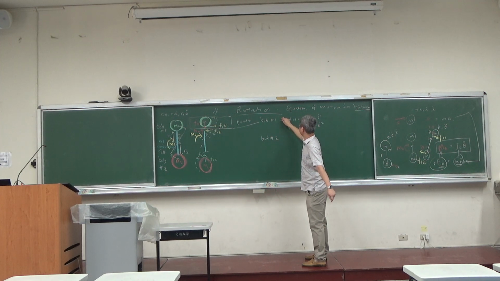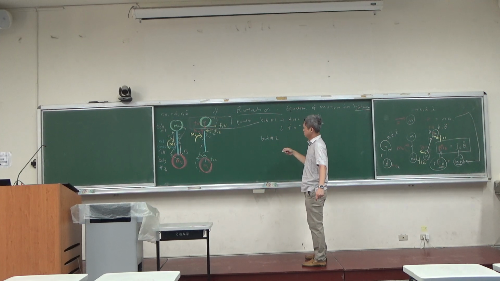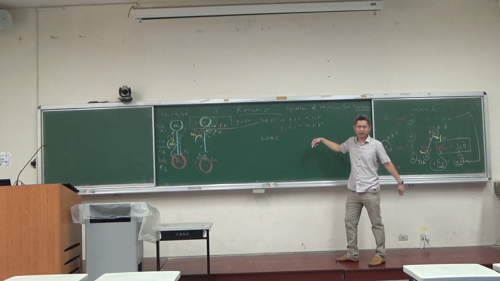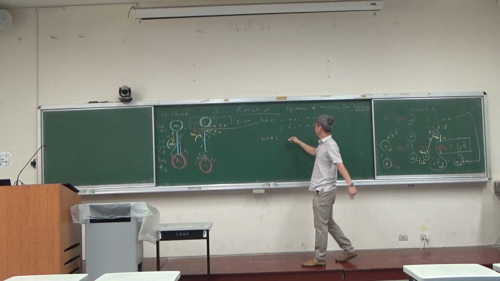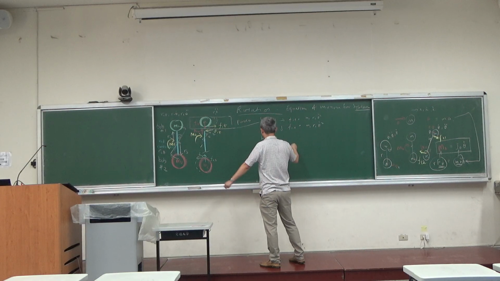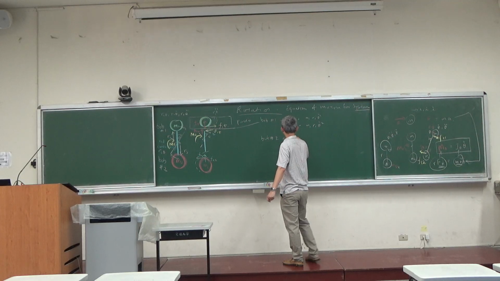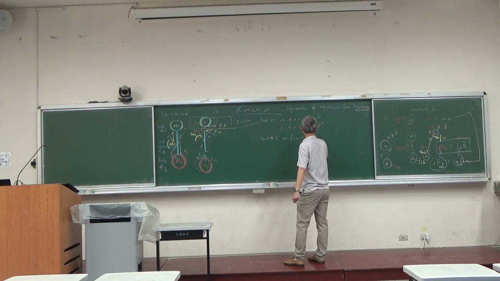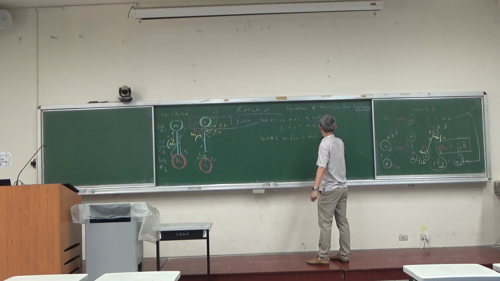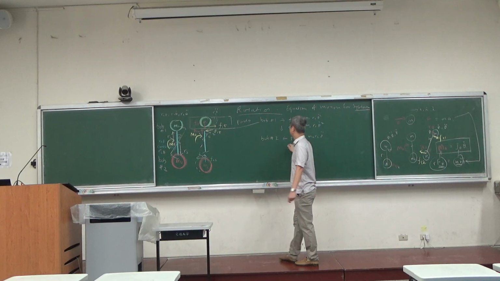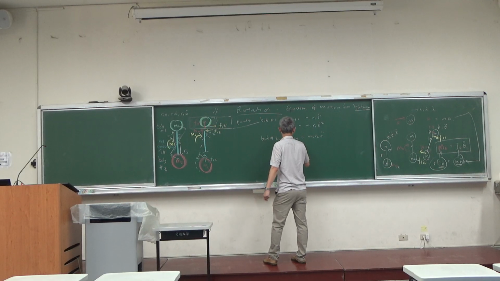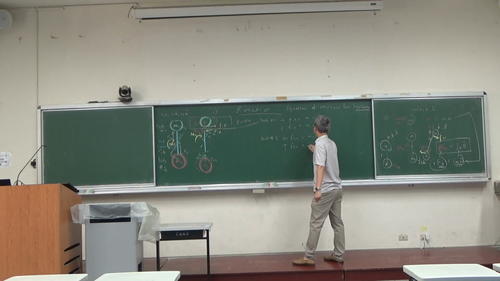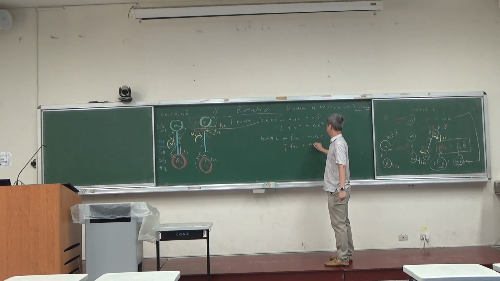The direction here is something like that. If you write that, you can also write this. The tangential force F2T is equal to M2 R2 theta double dot. And F2N is your M2 R2 theta dot square.